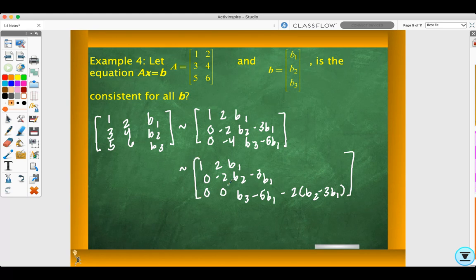And right there, you don't have 0 equals 0, so it's not consistent. And also, it wasn't a linear combination from the very beginning.